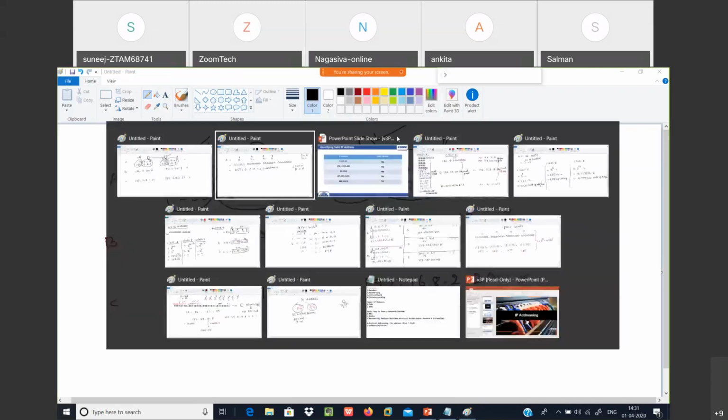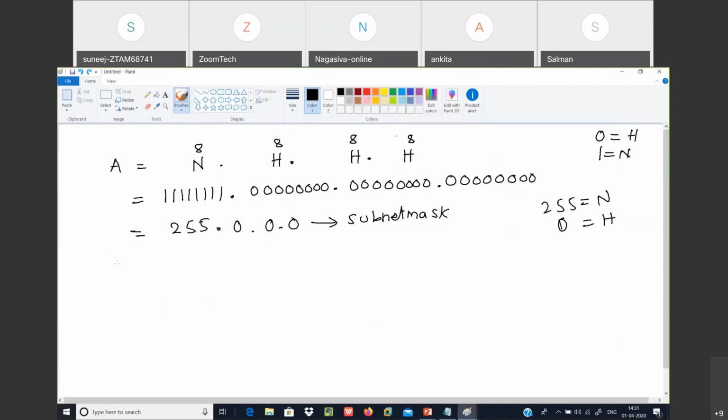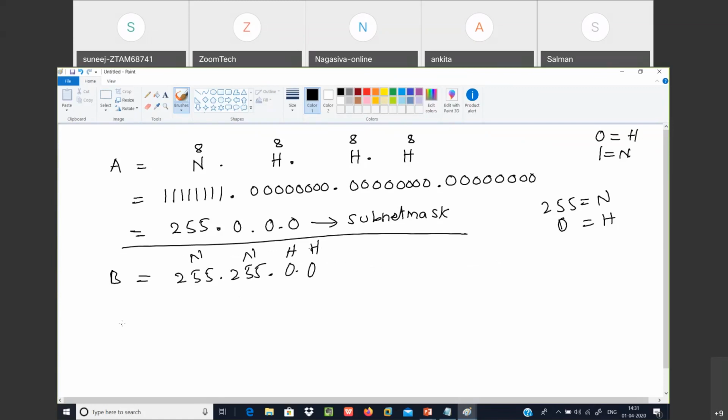Now, similarly, next example for class B. What will be the subnet mask of class B? Perfect. Class B is 255.255.0.0 because network, network, host, host. What about class C?